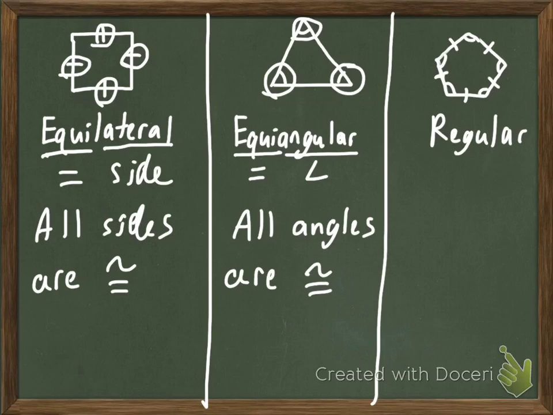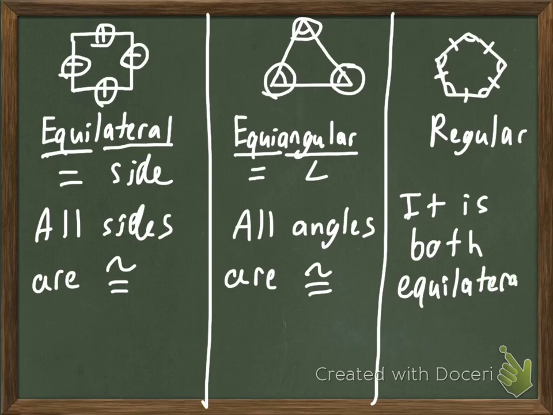A regular polygon means that it is both equilateral and equiangular. One last time, equilateral, all sides are congruent. Equiangular, all angles are congruent. Regular, it's both equilateral and equiangular.